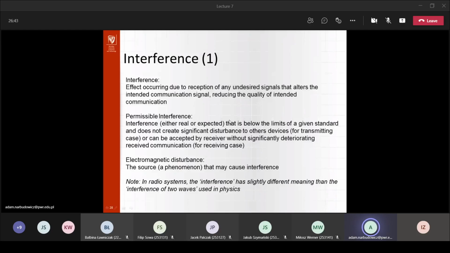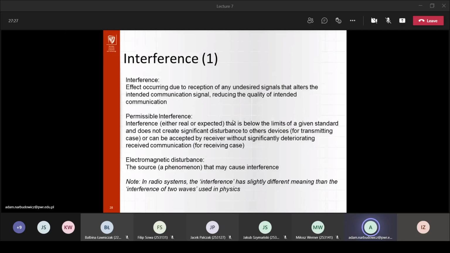By the way, in the Polish language this would be called zakłócenia as opposed to interferencja, so those two terms are clearly separated. In English, the word interference is unfortunately used for both, which might be confusing. You should keep in mind that the interference we are talking about here is a somewhat uncontrolled quasi-stochastic process. Quasi-stochastic because it's human generated, but we don't have control over it.